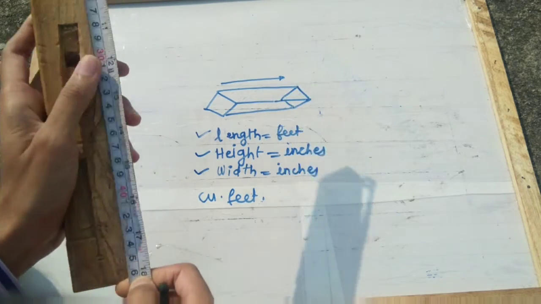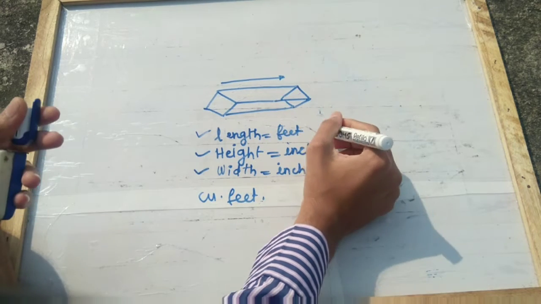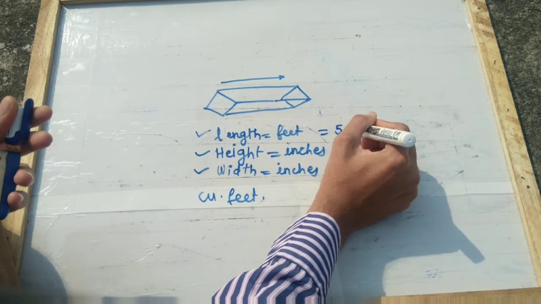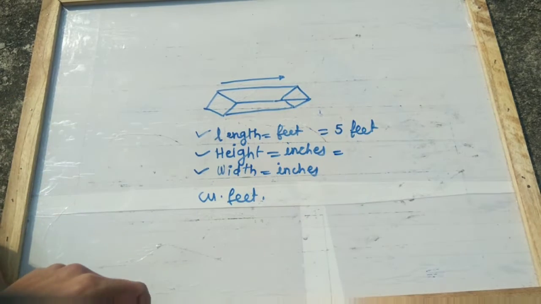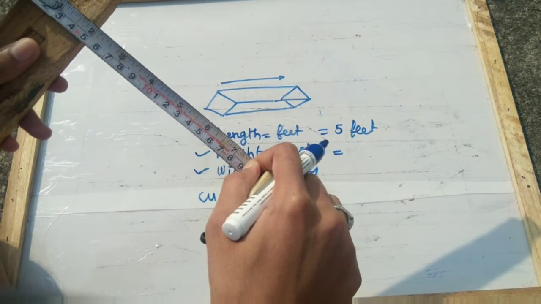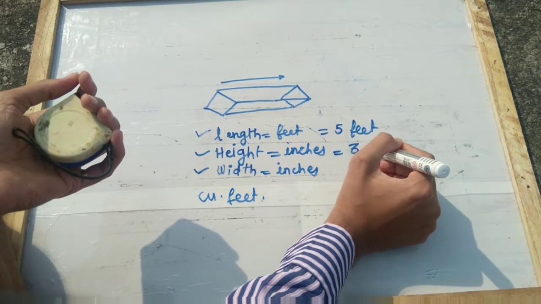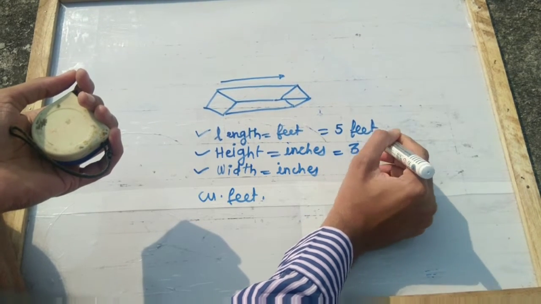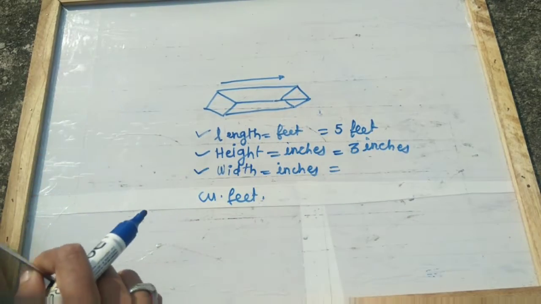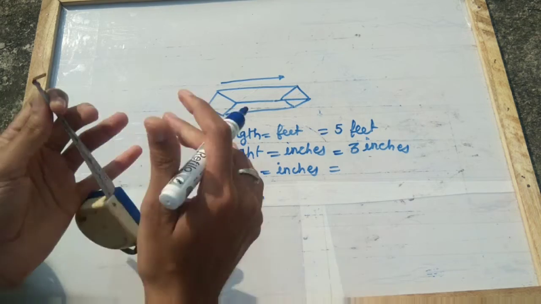Suppose this is the length of this wood, let us assume the length of this wood is 5 feet, and let us assume the height of this wood piece is 3 inches, and the width of this wood piece is 2 inches.